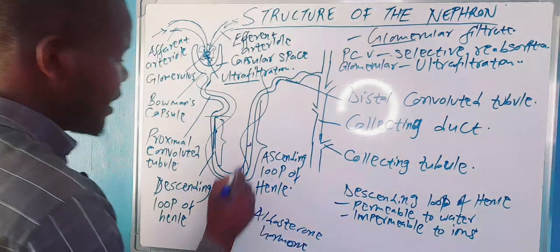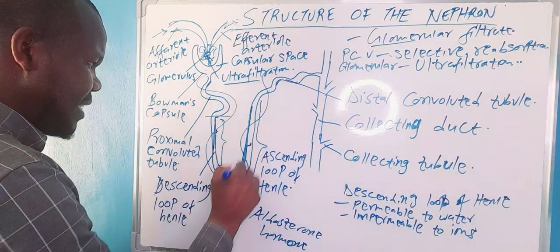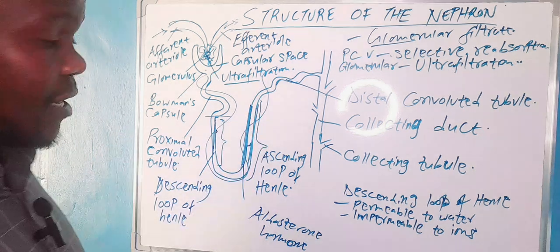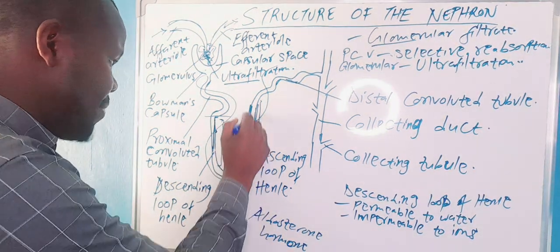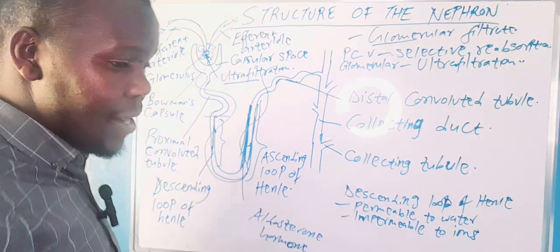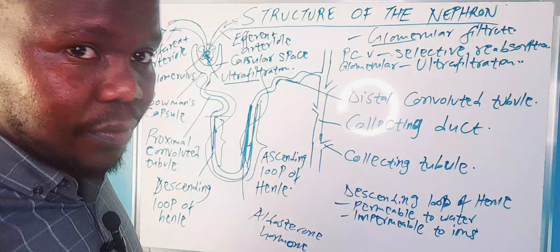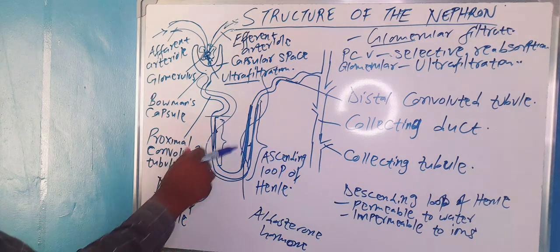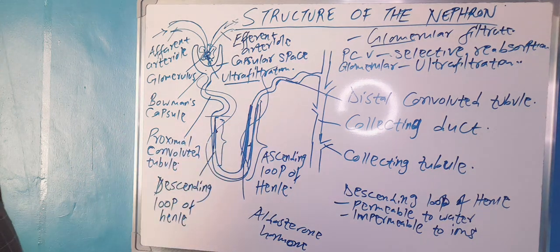And what will happen to this aldosterone hormone? Once secreted, it increases permeability. We said this point was impermeable to water, so it increases the permeability of this point.